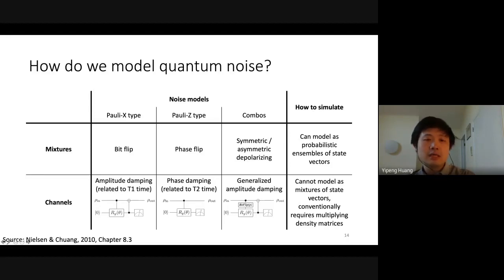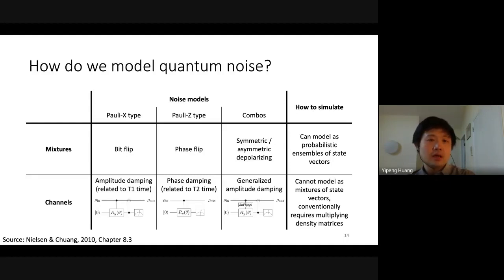The second row is a type of noise that we call channels. Channels are more suitable for representing if your environment is going to disturb your quantum state. One interesting property of this type of noise is that they're somewhat lopsided.